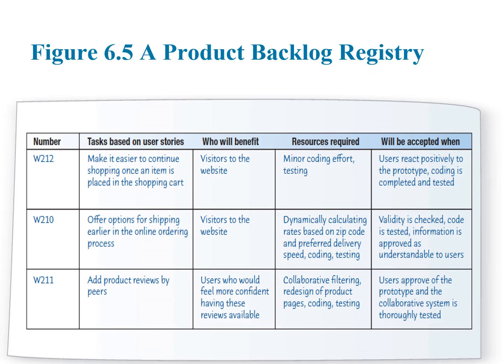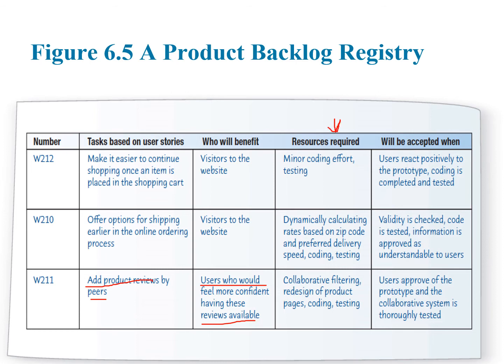So, for example, we have the product backlog registry here. We have the stories, tasks based on user stories. Let's take a very simple one, which is adding product reviews by buyers. Here we have the users who will benefit, the users who should feel more confident having their reviews available, and then the resources required.